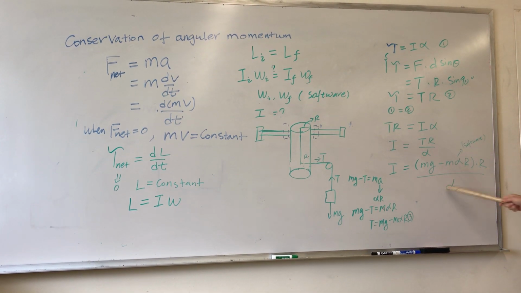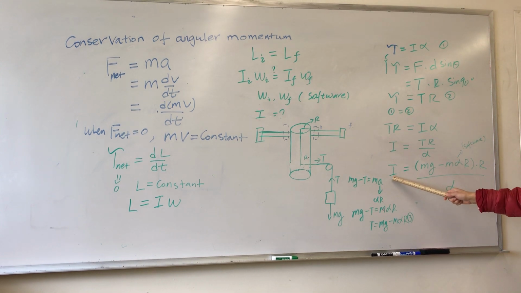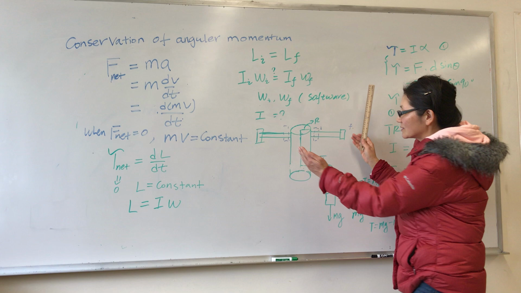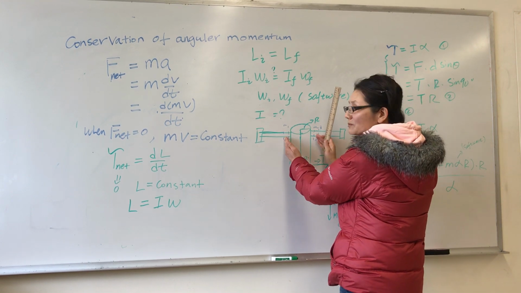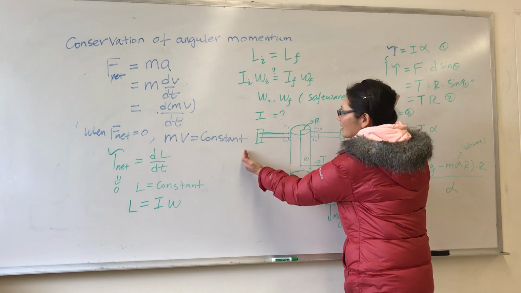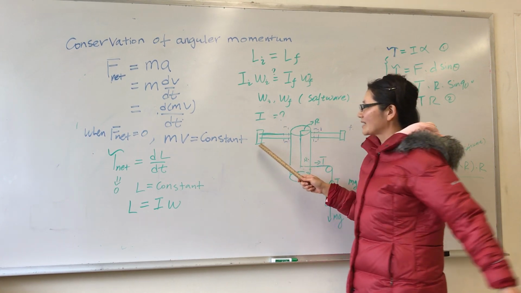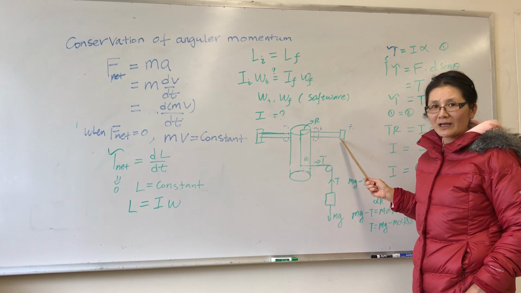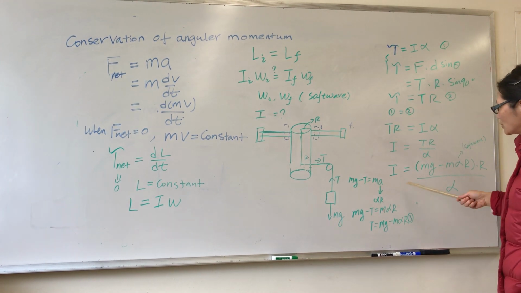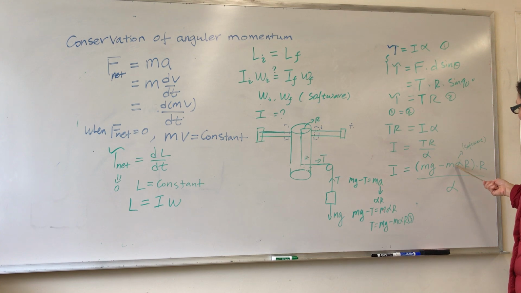So you plug everything in, you find I. I initial is when they push the two masses to the center. This is the initial stage. And when they open it up, sliding to the far side, this is the final stage. Then we're going to let the computer find alpha and plug in.